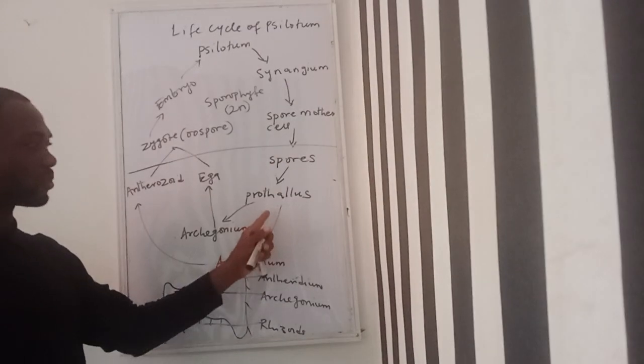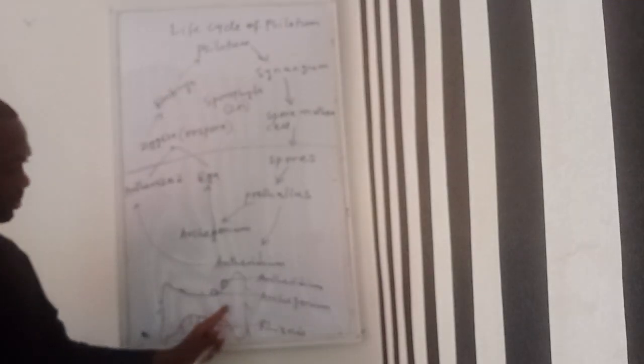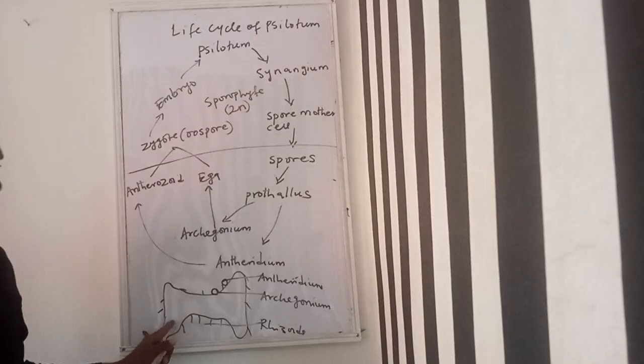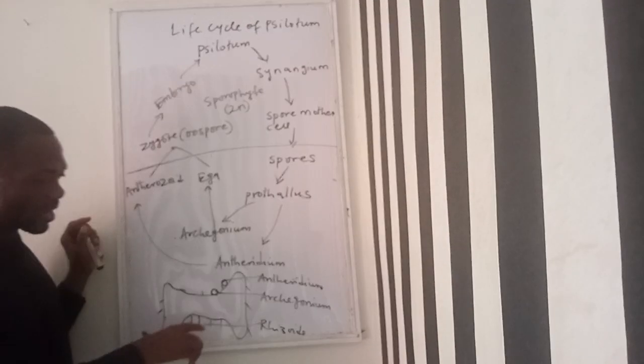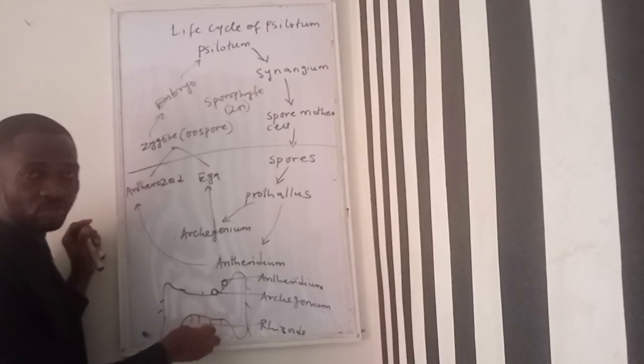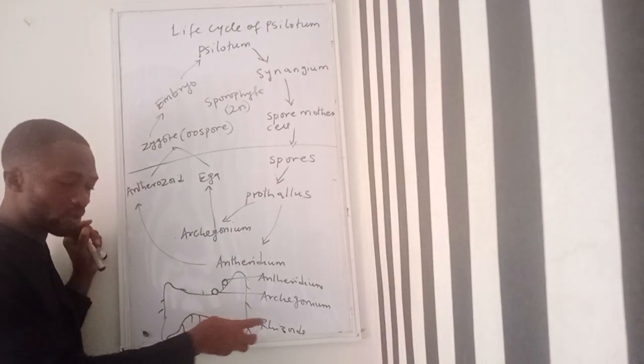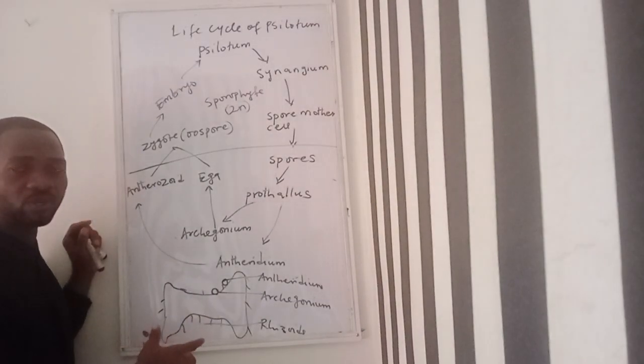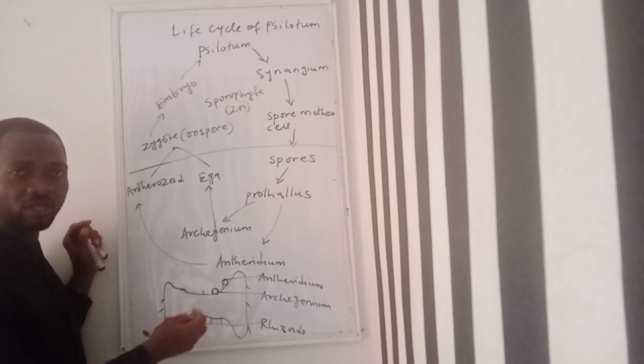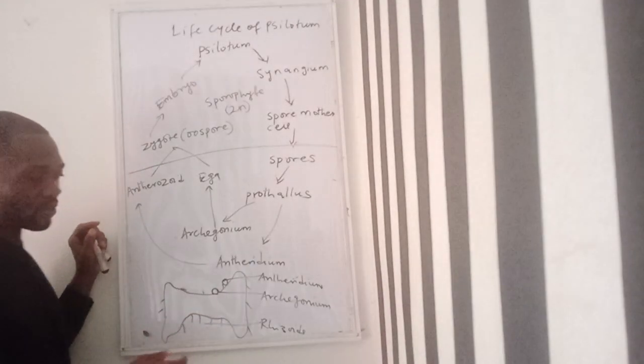These spores will germinate into the prothallus, and this is the shape of the prothallus of Psilotum. This prothallus has root-like structures called rhizoids, which they use to get nutrients from the soil.